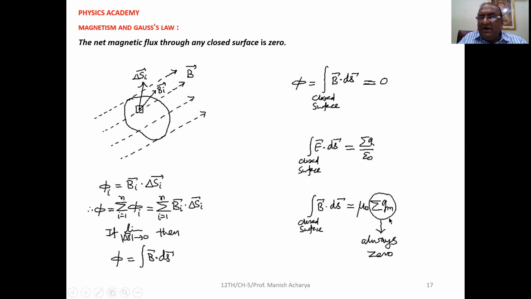So when sigma qm is always 0, it implies that an independent magnetic charge, meaning an independent magnetic pole, is not available in nature. So we can say a monopole does not exist in nature. That we can conclude from Gauss's law. Clear to all of you?